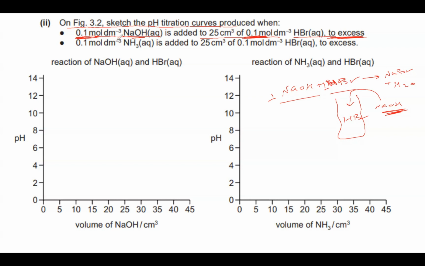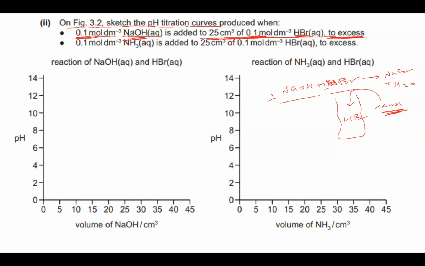So 25 centimeter cubic of HBr will need 25 of NaOH to react completely, as I mentioned in the previous question. Both of them have the same mole ratio and the same concentration, so both of them will react in the same volume, okay?